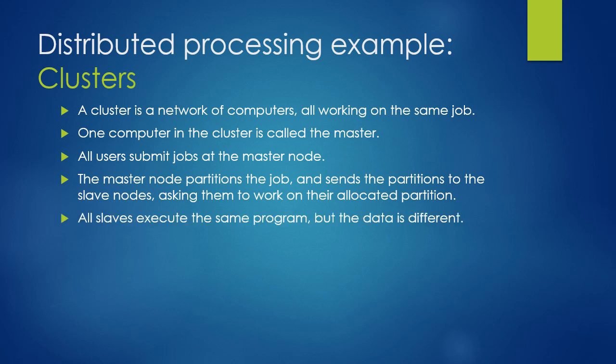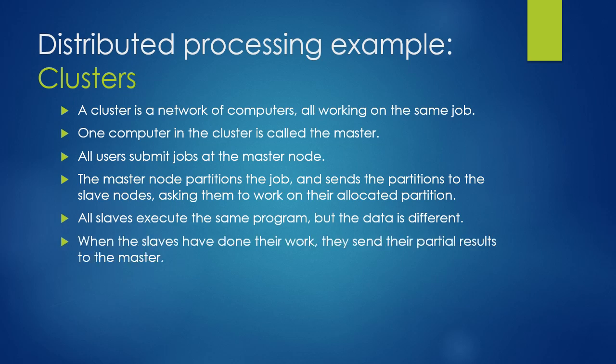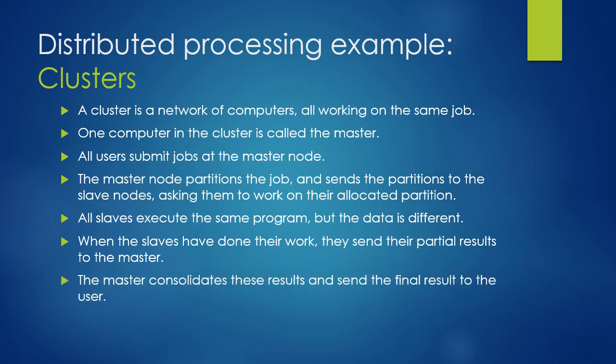The point to note here is that all slaves execute the same program, but the data is different. When the slaves have done their work, they send their partial results to the master. The master consolidates these results and sends the final result to the user.